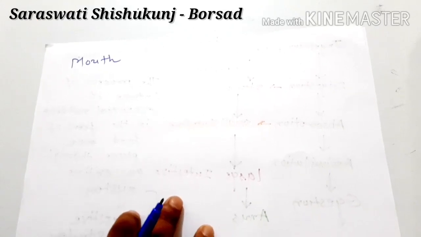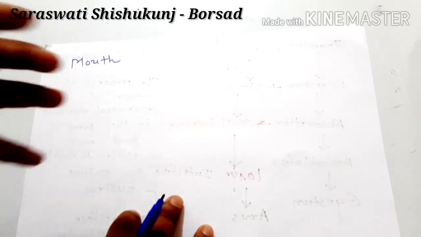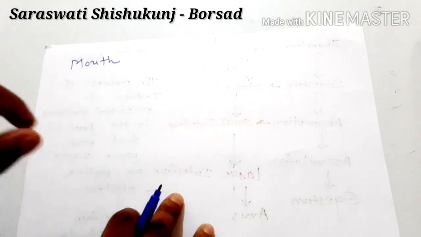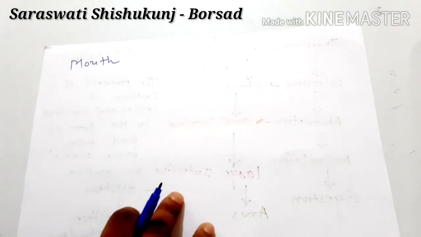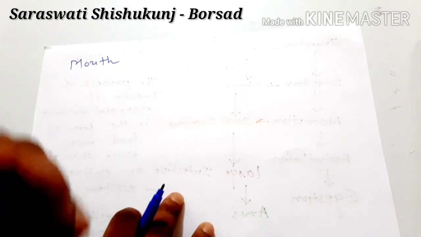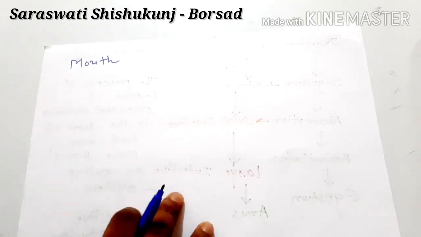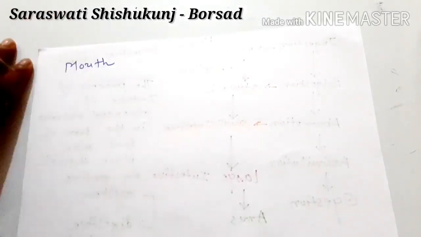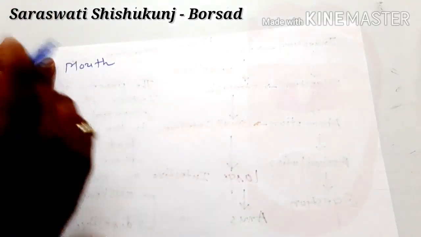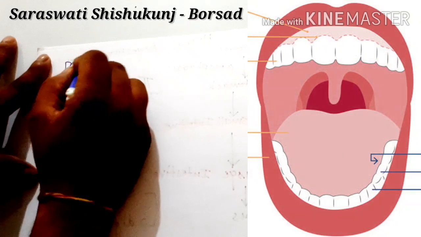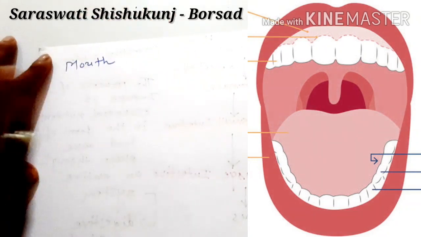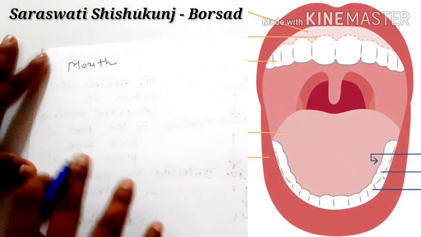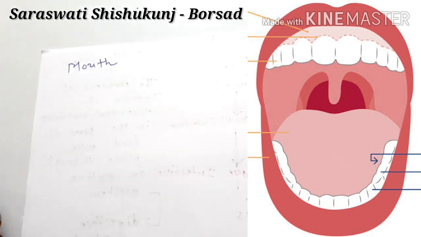Again repeating, our digestive system is made up of the mouth, then esophagus, then stomach, then small intestine, large intestine, and anus, right? So let's start from the mouth.